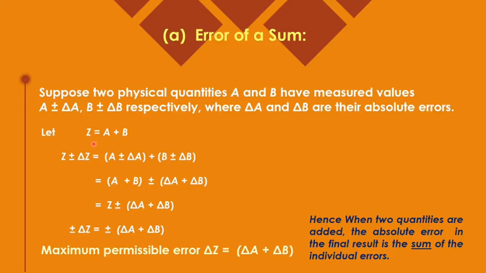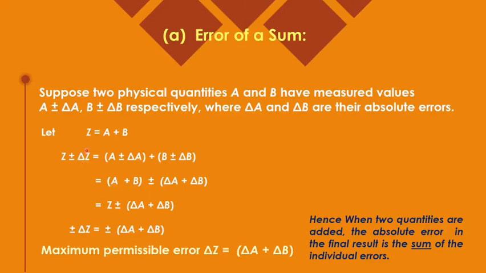Now if my physical quantity, which is the sum of the two given quantities A and B, is Z, then there must be some absolute error in the calculation of Z, and let delta Z be that value.